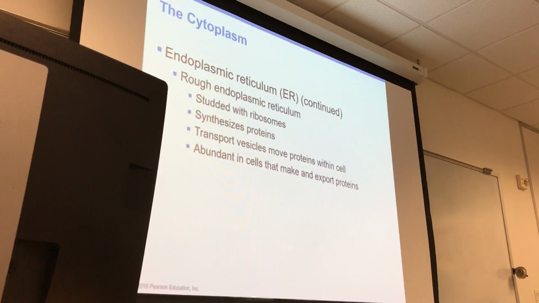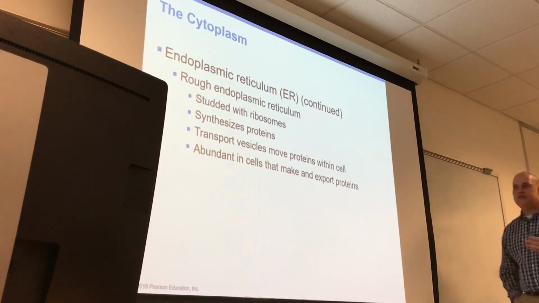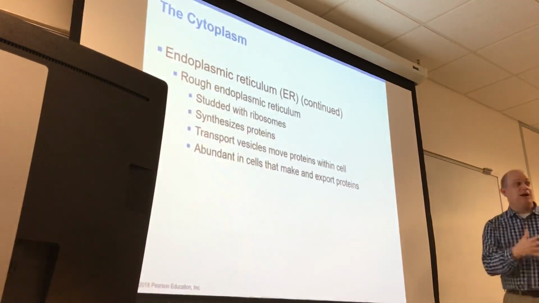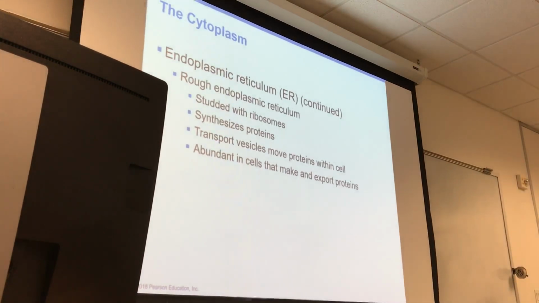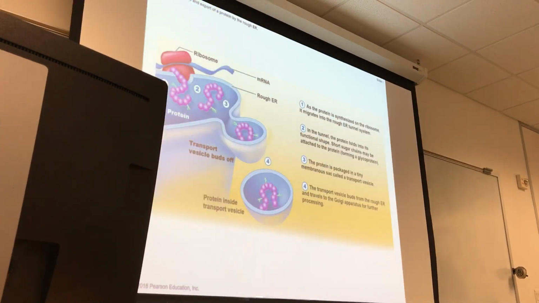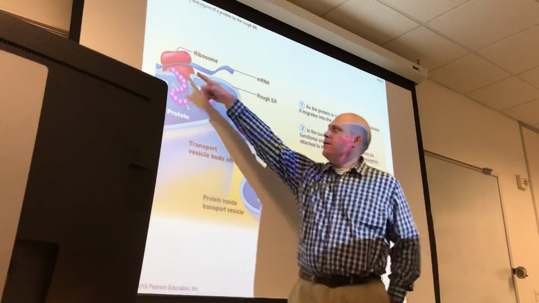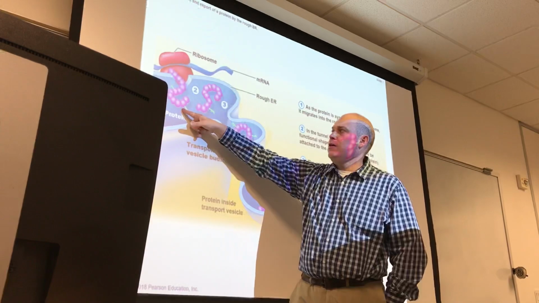Now, the rough ER doesn't really synthesize proteins. All right, books talk about it synthesizing proteins. That's the job of the ribosome. The ribosome actually makes proteins. But the proteins that are made by the ribosomes will travel from the ribosome here to the rough ER here.